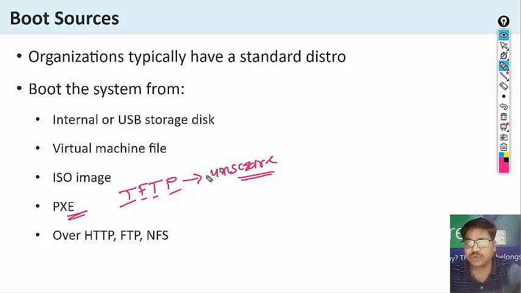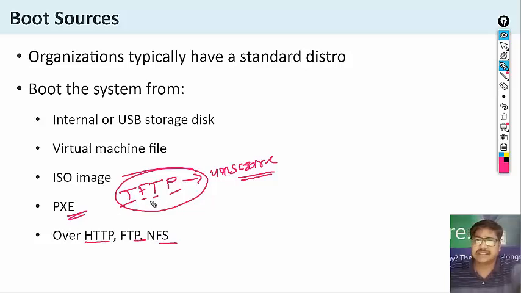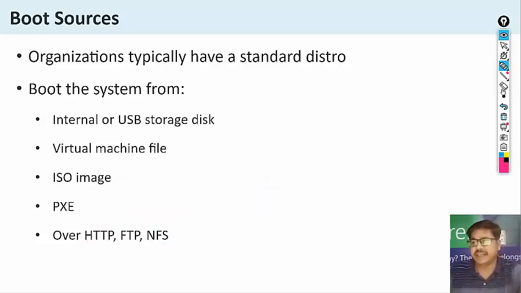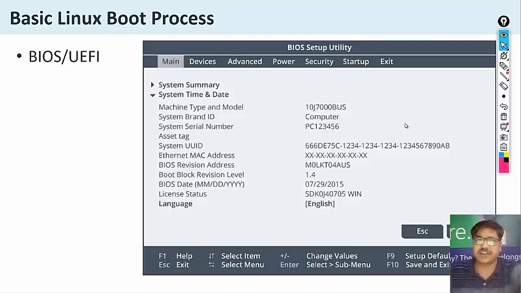It means downloading the boot image and then booting the system. This is also a little bit slower than using HTTP, FTP and NFS. Nowadays the same thing is used for booting the machine through the network, but the protocols used are HTTP, FTP and NFS.